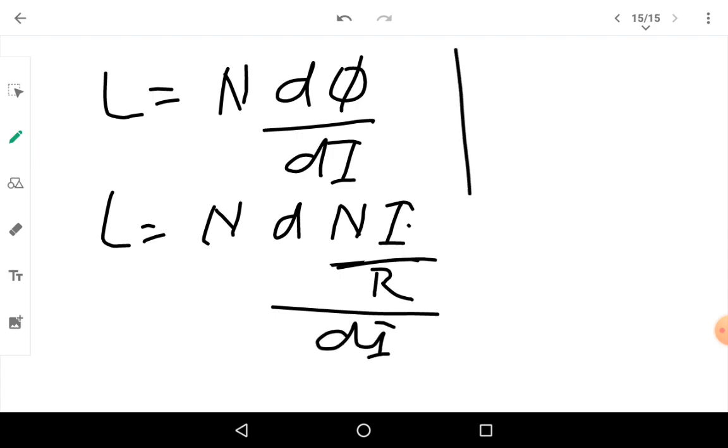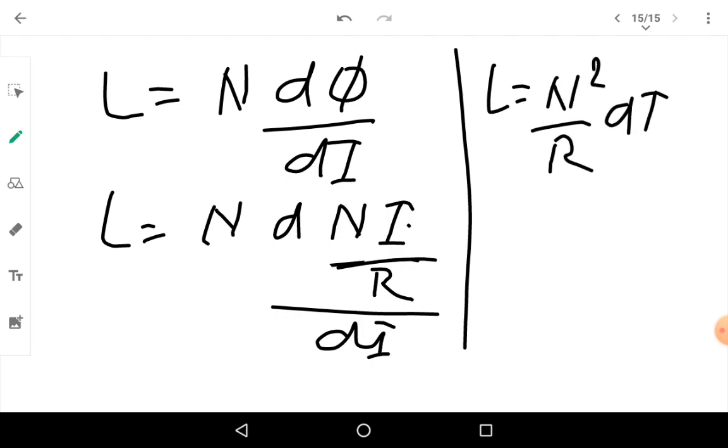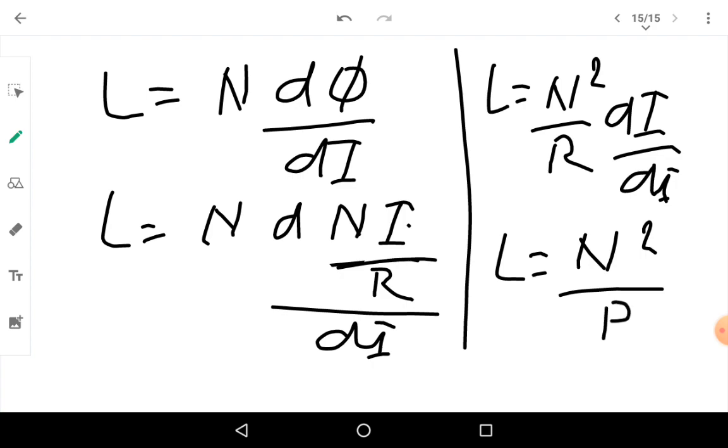So L equals N square upon R, di upon di. So we can write L equals N square upon R.